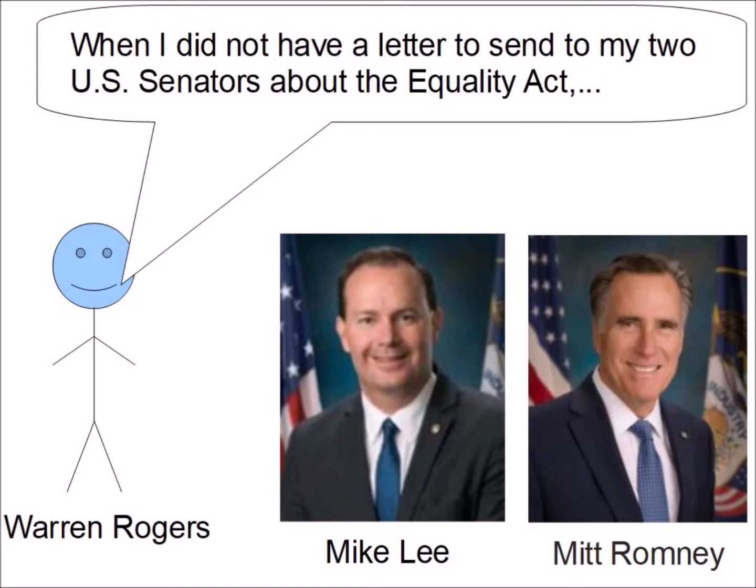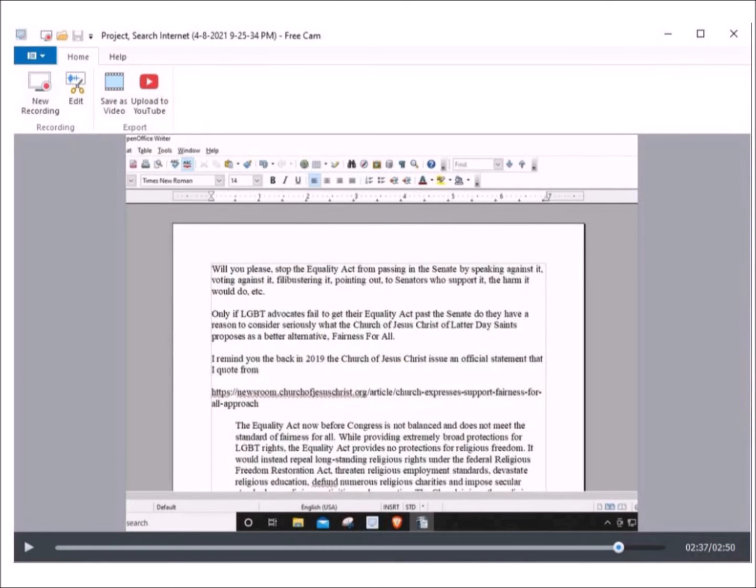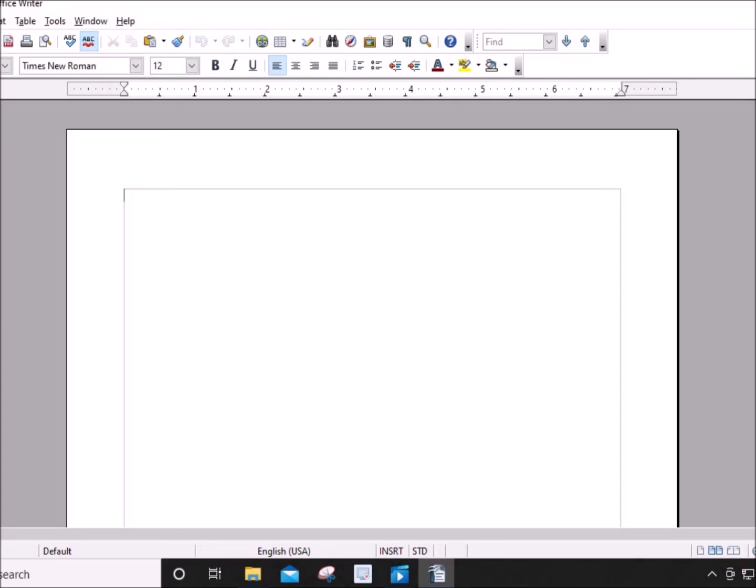When I needed to write a letter to my 2 U.S. senators about the Equality Act, I started a screen recording and worked on my letter. Then, I edited my recordings, removing the parts in which I mumbled or my voice was otherwise not understandable or too annoying, the parts in which I was only thinking, the parts in which I was typing slowly or awkwardly, etc. Because of this editing, this video makes it look faster and easier than it really was to fill that initial blank page with content that satisfied me.